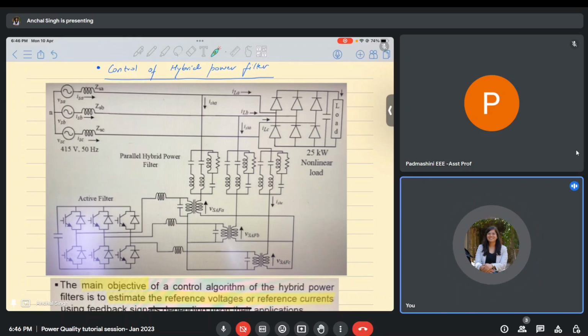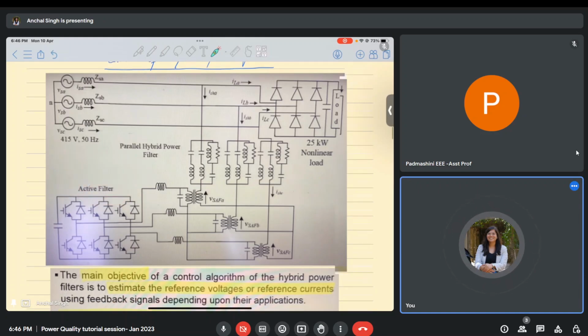While moving from one algorithm to another, the only change that occurs is in the basic principle involved in the algorithm, that is, how the reference current is generated. Apart from that, the input and the output almost remain the same. So if we consider this particular system of parallel hybrid power filters, where the passive filters are connected in shunt, and then the active filter is connected in series with that shunt branch, let us consider this particular case.